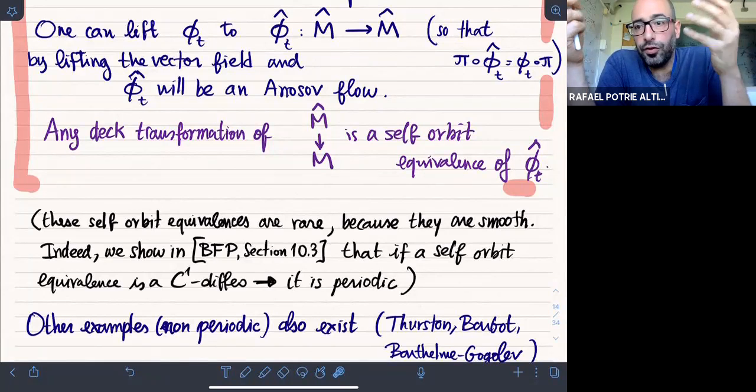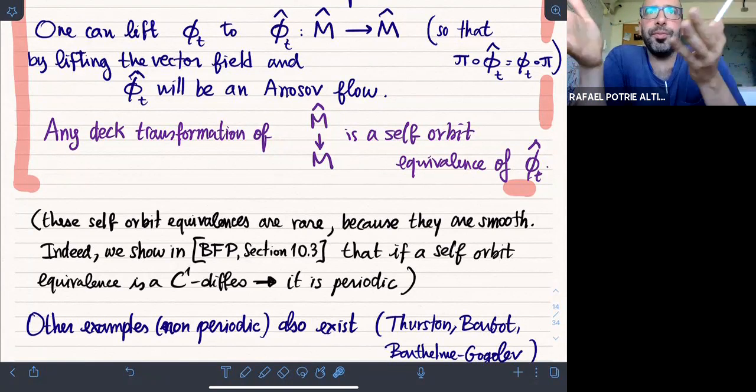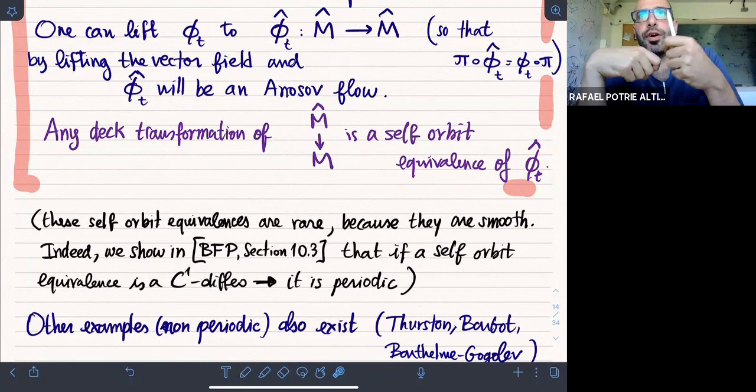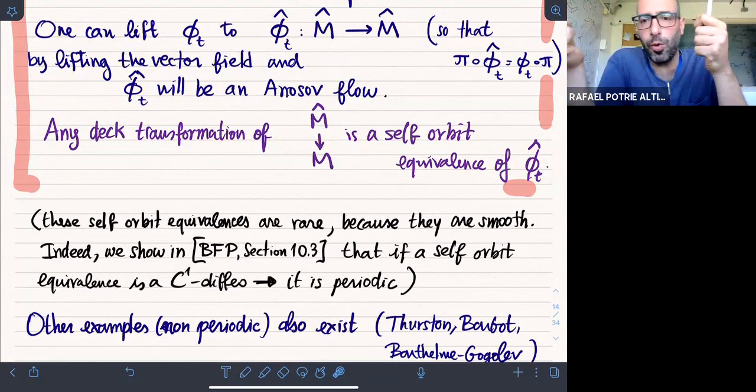So this is not so different from the trivial orbit equivalence, because if you have a map like this, then you iterate and eventually you are the time one map of an Anosov flow.